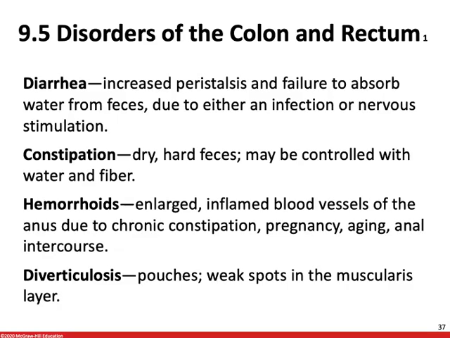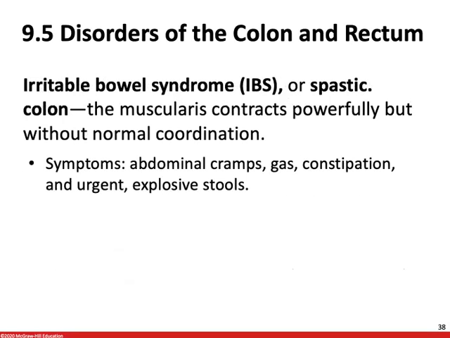Irritable bowel syndrome, or IBS, also known as spastic colon. The muscularis contracts powerfully but without normal coordination. So some of those symptoms include abdominal cramps, gas, constipation, urgent and explosive stools. All of those are seen in irritable bowel syndrome.